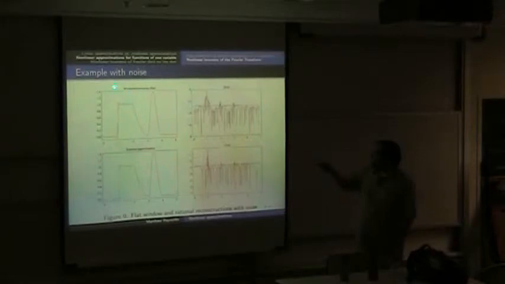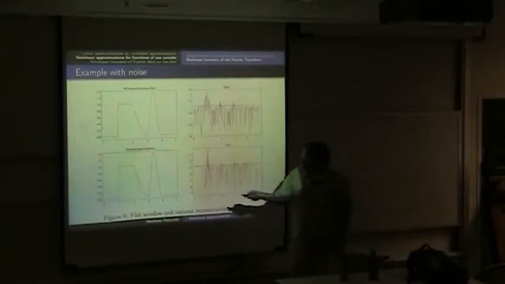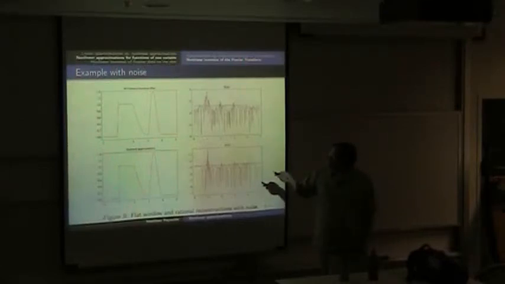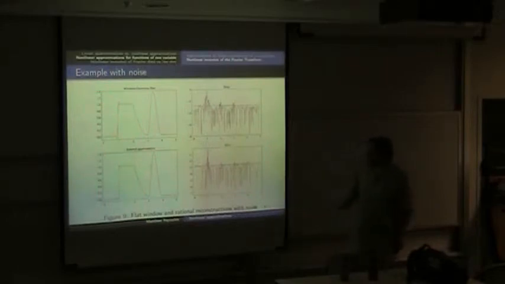But once again, if you look at the singularities, the rational approximation doesn't do as good of a job as beforehand when there was no noise added. But it still does a pretty good job and still does quite a bit better than the windowed version.